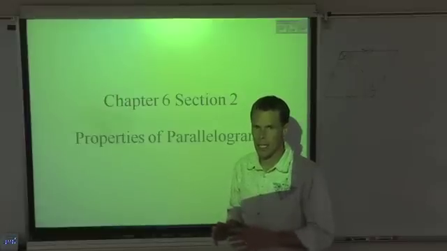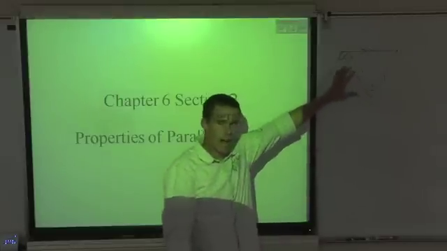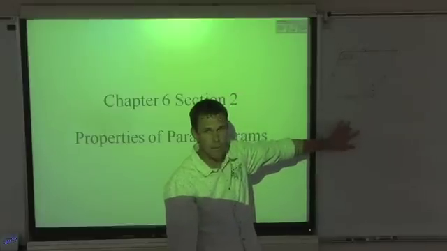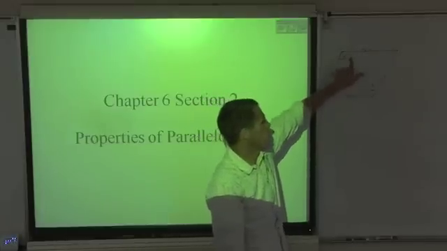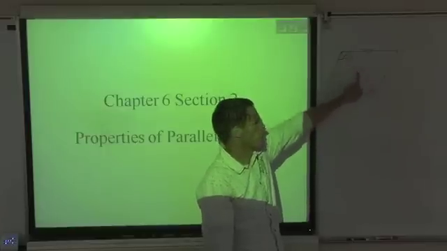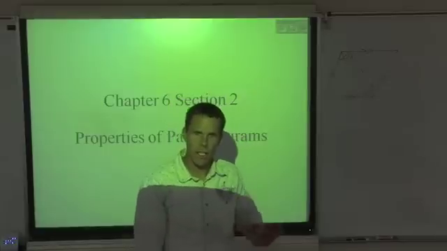Before we begin looking at these properties, I want us to look at this shape here, where I have a parallelogram marked with two pairs of parallel sides, and I have marked the alternate interior angles that are congruent, as well as the diagonal down the middle there congruent to itself.